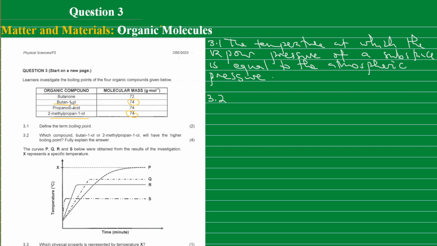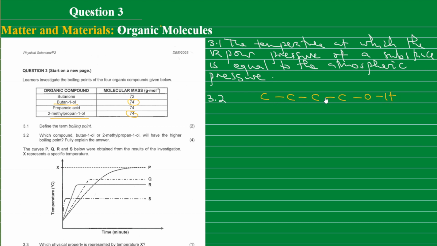Let's draw up the structural formula for butan-1-ol and 2-methylpropan-1-ol. That will explain how we can account for the difference in the boiling point. So butan-1-ol is simply this. Again, you don't have to write that down. This is just for explanation.